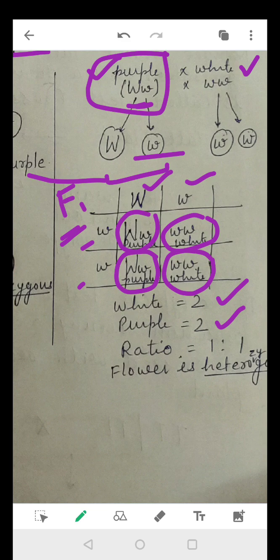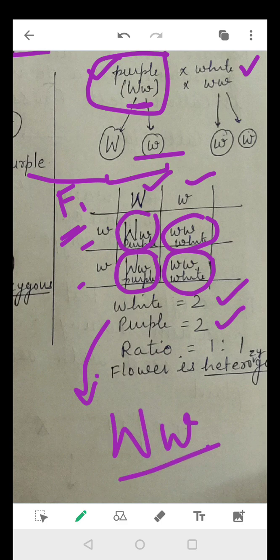When will we have 2 white flowers, 2 purple flowers? जब हम रिजल्ट में देखते हैं कि 2 white flowers हैं, 2 purple flowers हैं हमारे पास, इसका मतलब है that the parent is heterozygous. ओके, जो रेशो हमें यहाँ मिल रही है that is 1:1, यानी 2:2, 1:1, right?